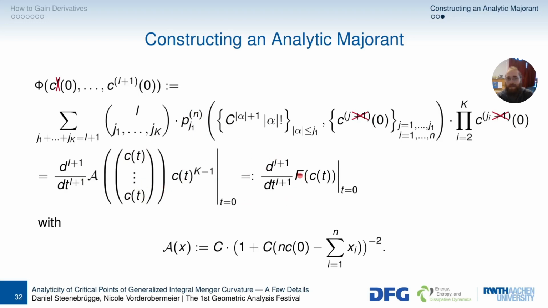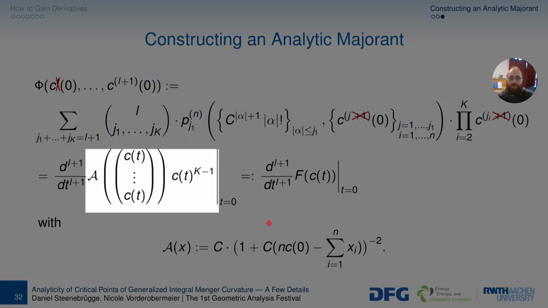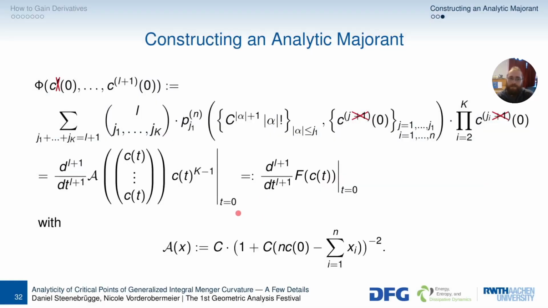And then we call this the L plus first derivative of f. So actually we call just this thing here f. And then we're done if a is analytic and has this as a derivative. And there is an a that does that. I think you can find it in the proof of the Cauchy-Kovalevskaya theorem.